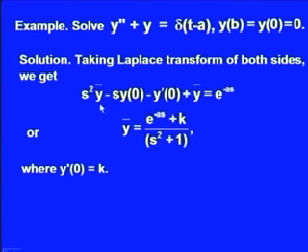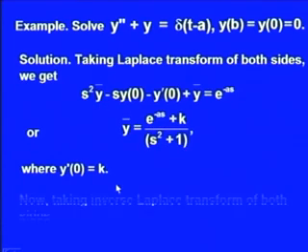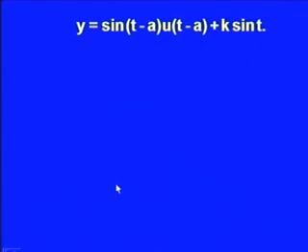So we get y bar equal to e to the power minus a s plus k over s square plus 1. Now, let us take the inverse Laplace transform of y bar. We shall have y equal to sin(t minus a) into u(t minus a) plus k sin t.